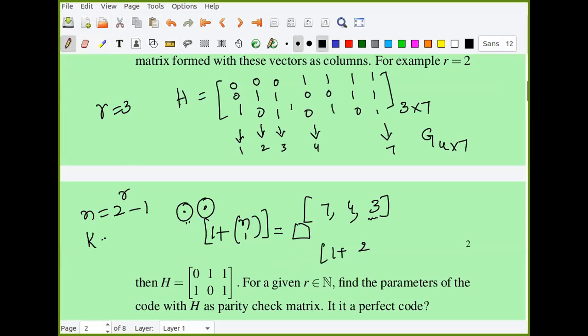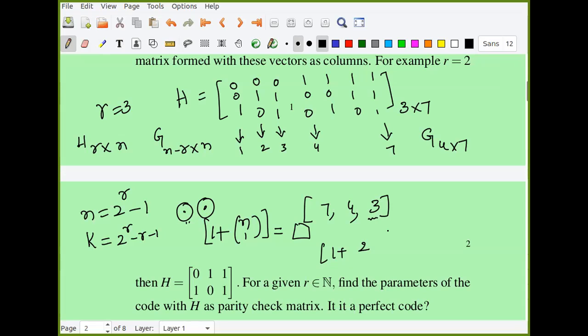You know in H the size is r cross n. Now G size is going to be k cross n, where k equals n minus r. So this is 2 power r minus 1, right?